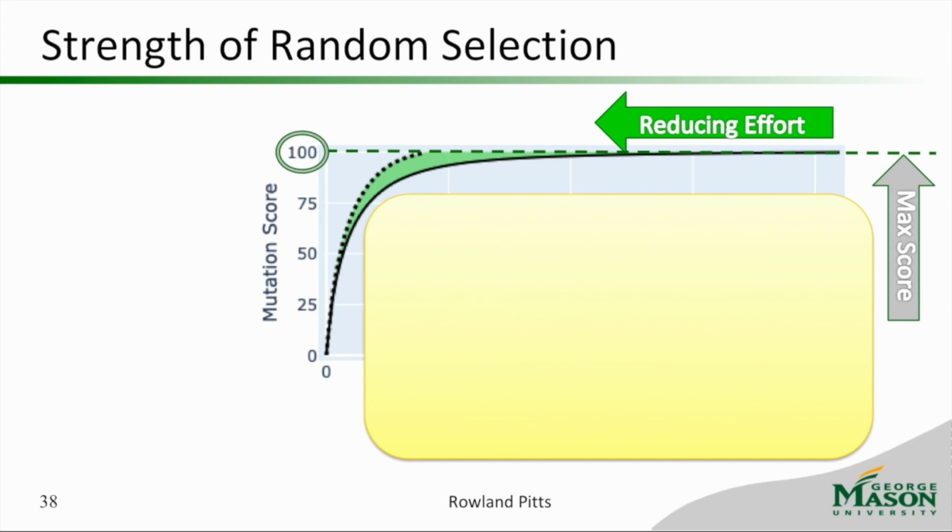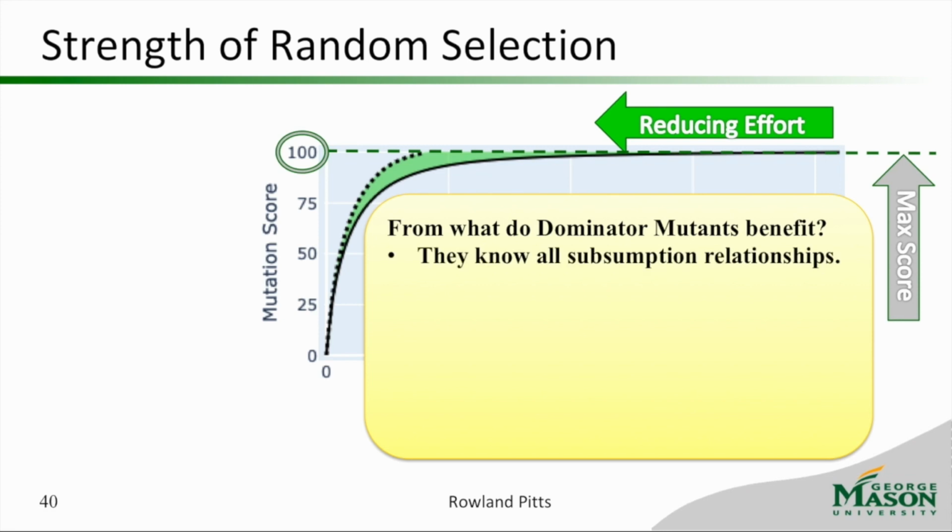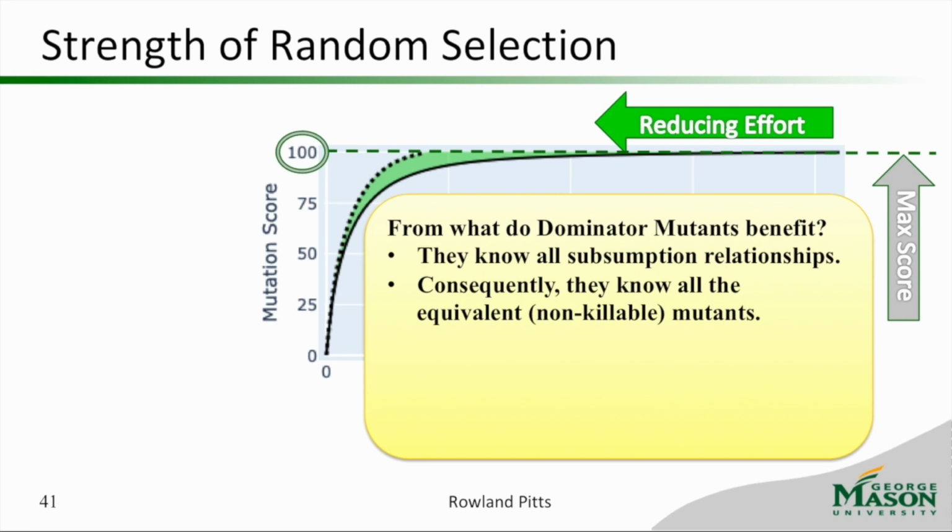So if our goal is to reduce the effort it takes to maximize performance, and we know that dominator mutants are effectively the ceiling or maximum performance, we wonder: where does their performance advantage come from? We know they're imbued with all the subsumption relationships, and consequently the equivalent mutants as well.